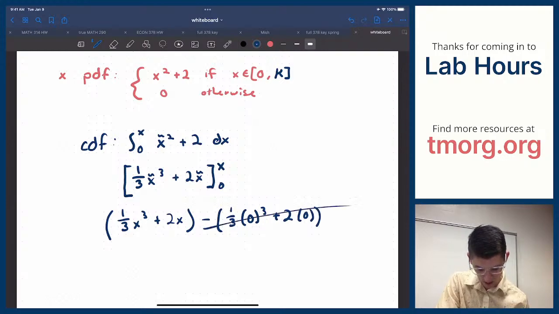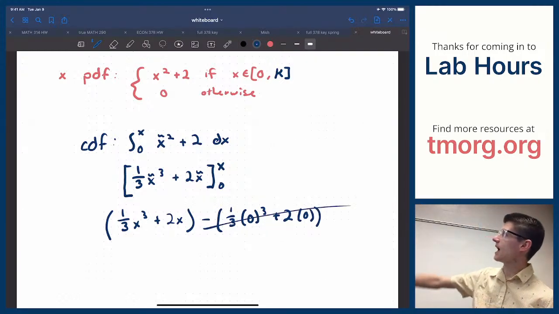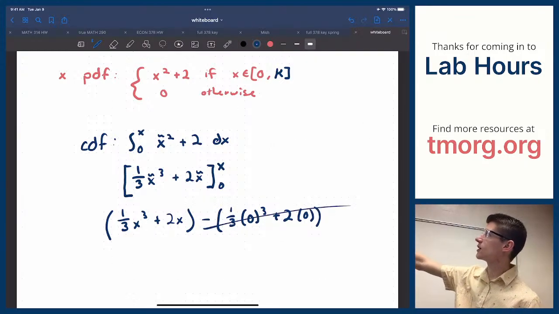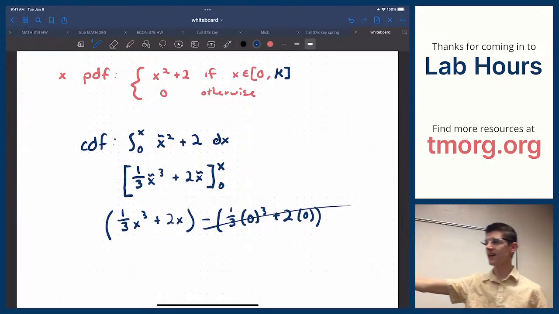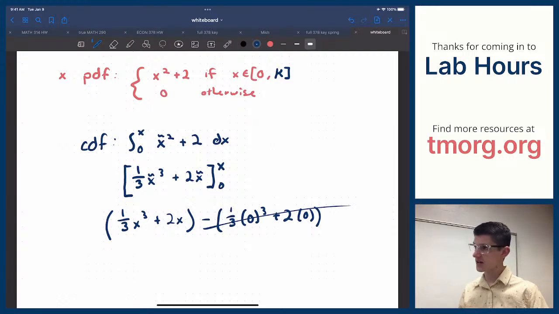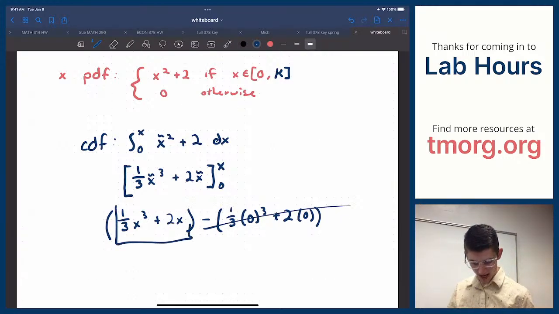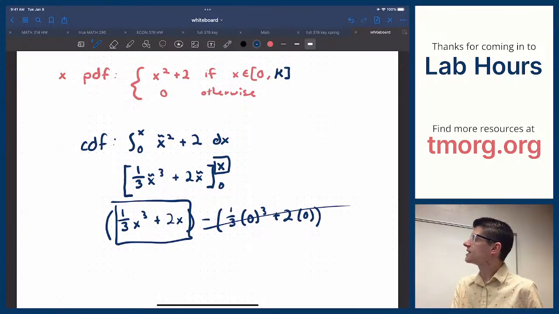The nice thing is that one goes away, but you can see now that as long as this is a valid PDF, it is technically a definite integral. And so I don't have to add a constant or anything. I just go over the bounds and I treat the upper bound as this little x thing here. Nothing too crazy, nothing too wild here.